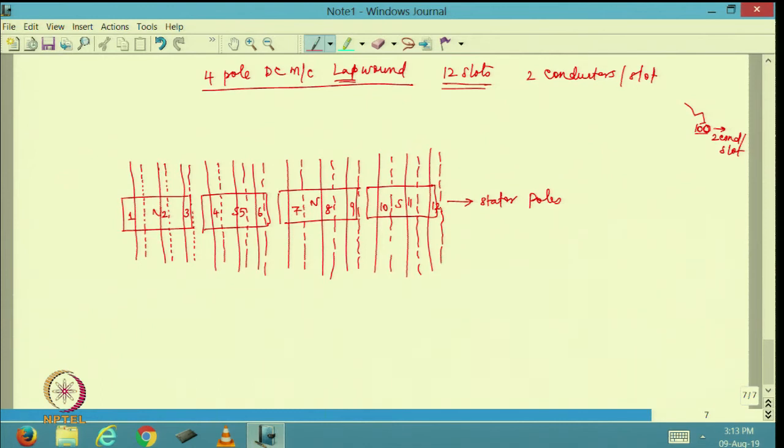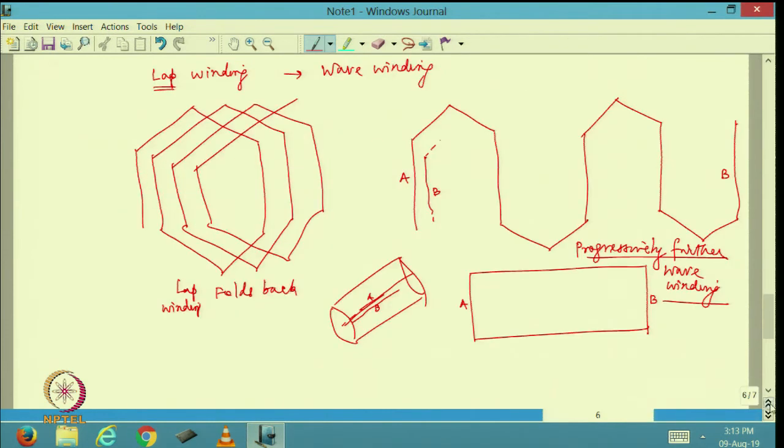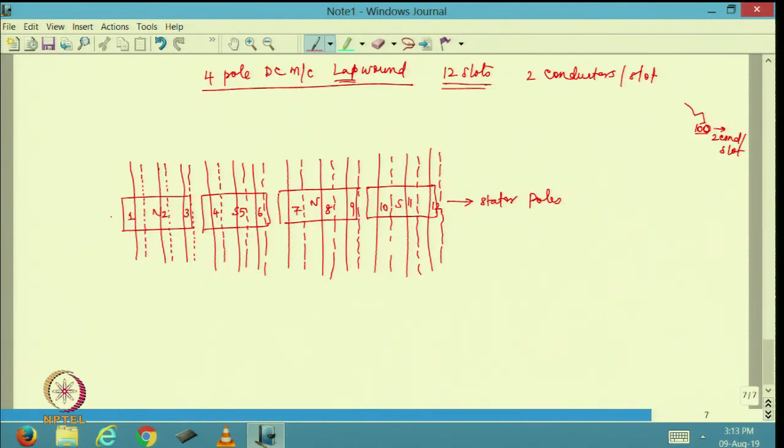So please understand, previously whatever I had shown, that this cylinder is cut and then spread out. The same A and B let me show here. So this is the A portion and this is the B portion. So it is essentially the cut out and spread out cylinder.